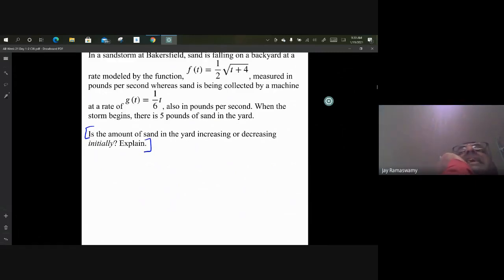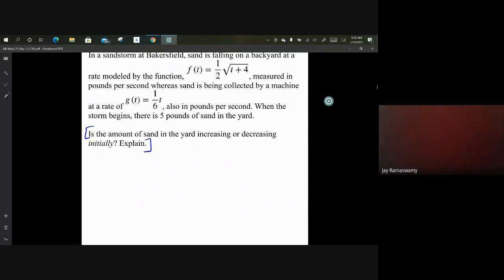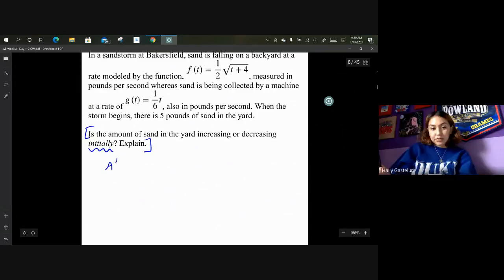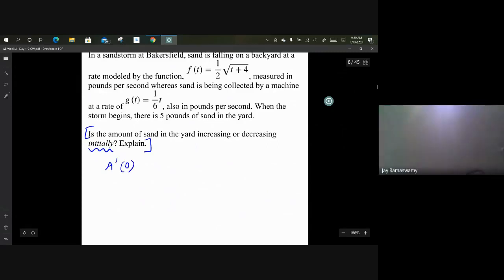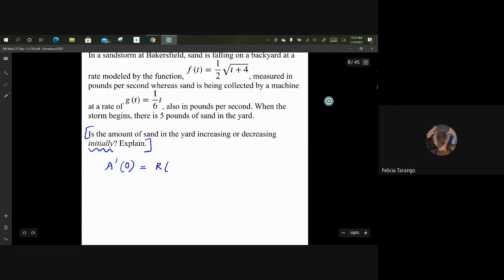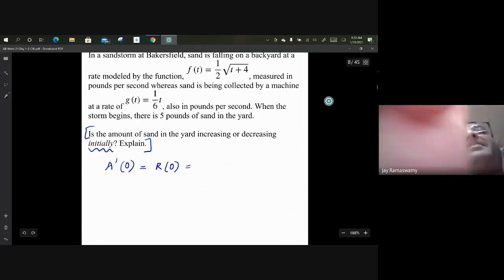It says, is the amount of sand in the yard increasing or decreasing initially? If any function is increasing or decreasing, what do we compute? The slope, and it says initially. A prime of 0. But A prime is nothing but R of t. R of 0, which is f of 0 minus g of 0.